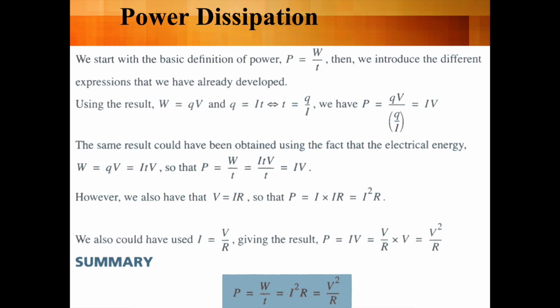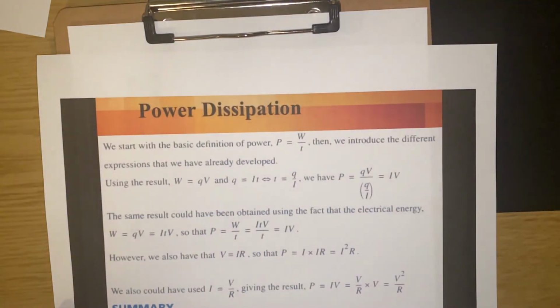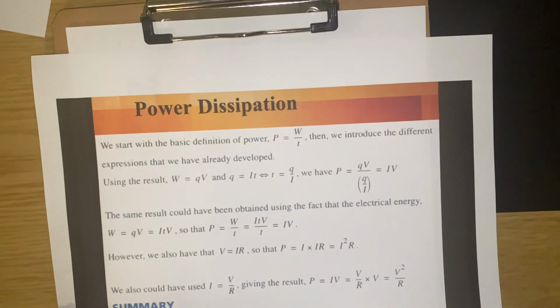So one last thing to look at here is the idea of power dissipation, and it's kind of a mess with all of this, so I'm going to break that apart right now. This is a whole lot of stuff, so let's break it down and see what's actually happening here. We know that power is equal to work over time, and work is measured in joules.